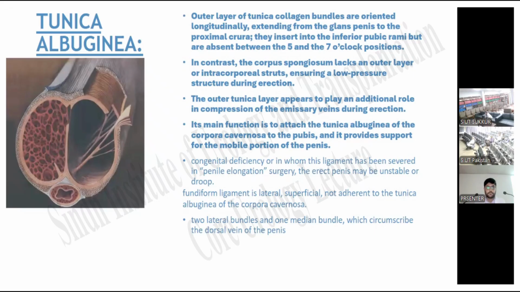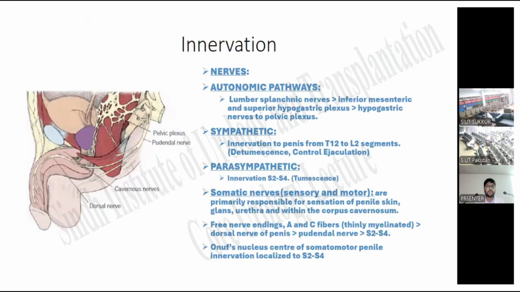So correctly said, the parasympathetic innervation leads to tumescence, and the sympathetic to detumescence. But with the initiation of ejaculation, the detumescence is started, while the parasympathetic initiates first to create the tumescence.